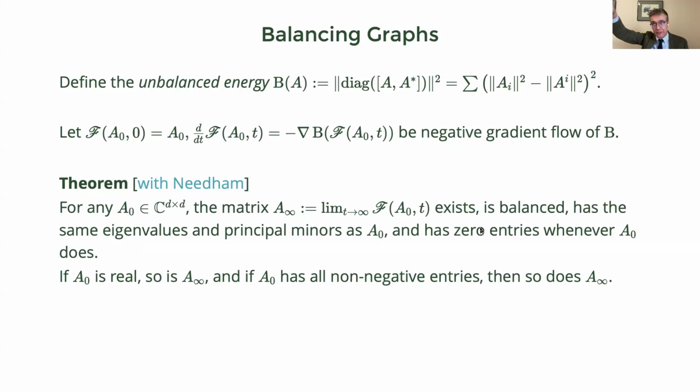It would be bad if you started with some graph and then flowing on this energy turned 0 entries into non-zero entries, because that means you sprout new edges. But that doesn't happen. If an entry is 0, it stays 0 forever. And if some non-zero entry becomes 0, it will then stay 0 forever. So you can sometimes delete edges, but you can never grow new edges.